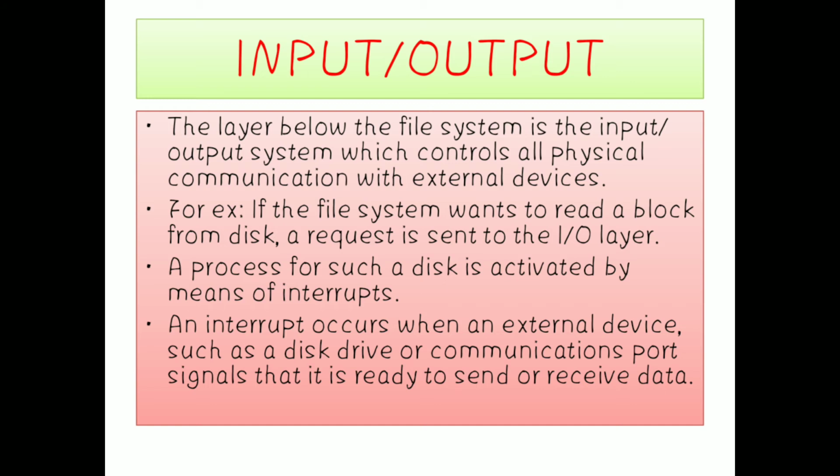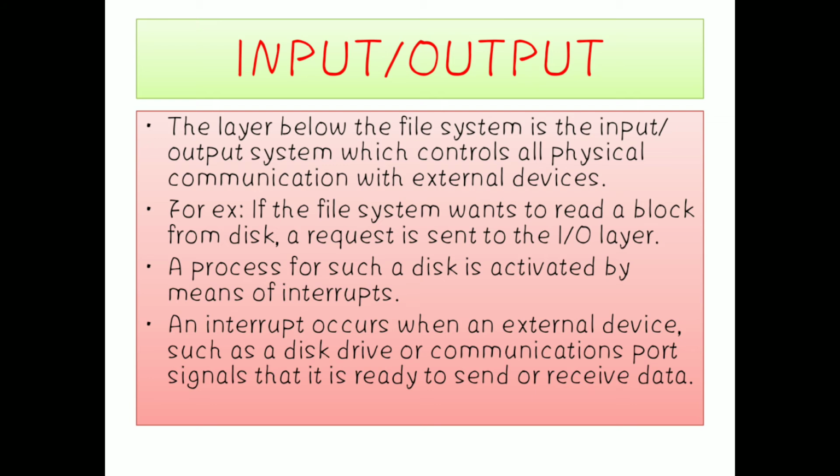For example, if any particular file system wants to read a block from a disk, where block means a certain part of a disk, then what will it do? It will send a request to the input output layer. This particular process will be activated in times of interrupts.